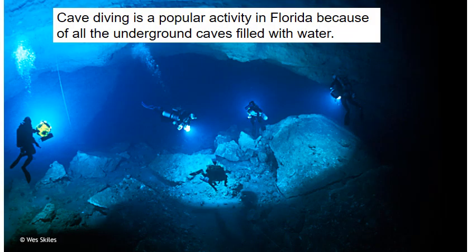As a matter of fact, cave diving is a very popular activity in Florida because all that limestone gets eaten away. And so they have a natural hollow space under the ground. They have caves, but because the water table is so high and because it rains so much, their caves are typically filled with water.